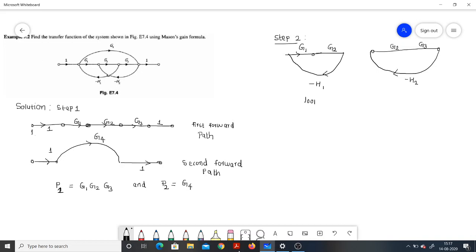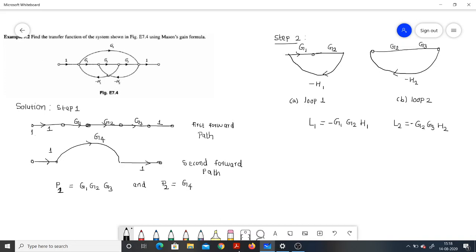So this is my loop 1 and this is my loop 2. The gain L1 will be minus G1, G2, H1, and the gain of the second loop will be minus G2, G3, H2.